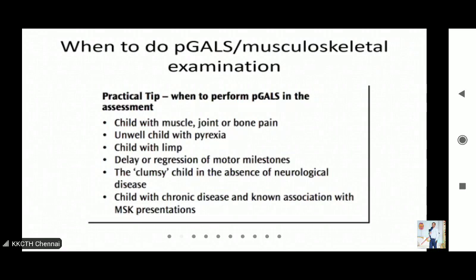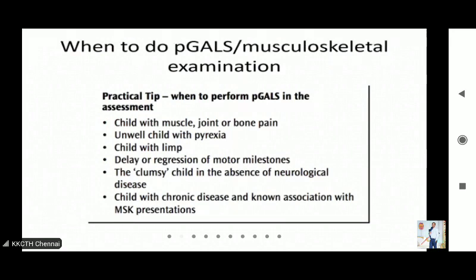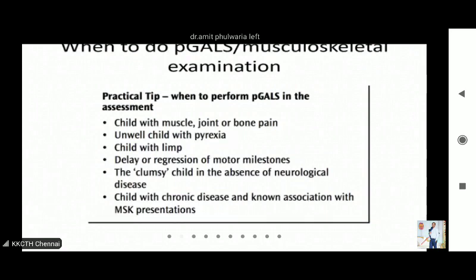A child coming in with an obvious limp, a child presenting with delay or a regression of motor milestones, and also a clumsy child in the absence of other neurological diseases. This is mainly to look for features of hypermobility. And in children with chronic disease, those which are associated with musculoskeletal presentations, for example, conditions like inflammatory bowel disease, cystic fibrosis, and so on.